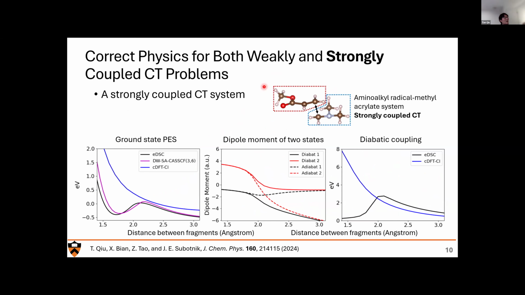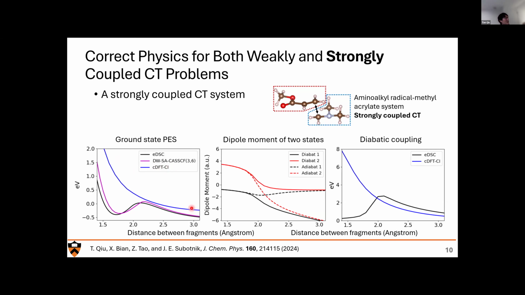This molecule is an example where experiments have shown that detaching these two fragments corresponds to a strongly coupled charge transfer process. And if we use our method to study these processes, where still we show the ground state potential energy surface using our method in black, it matches pretty well with the one found using a larger active space, whereas the constrained DFT appears to be unable to capture the proper landscape.